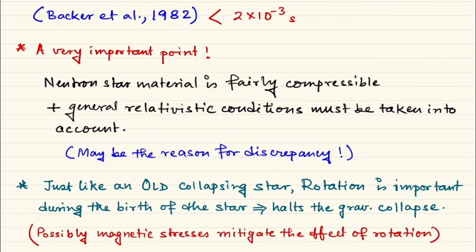Now, just like in an old collapsing star, rotation is actually important during the birth of the star as well. This is very interesting. Previously we discussed the formation of a star by Jeans instability and the corresponding fragmentation.